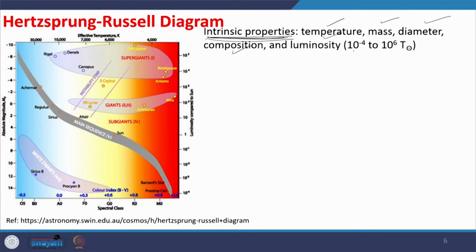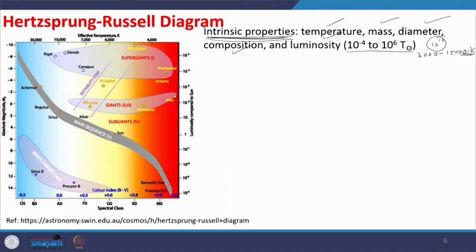Here you need to remember the luminosity ranges from 10 to the power of minus 4 to 10 to the power of 6, about 10 to the power of 10 difference, right. So much difference, whereas the temperature is 3000 to 15,000 Kelvin, and the mass range has also been given in one of the earlier slides.